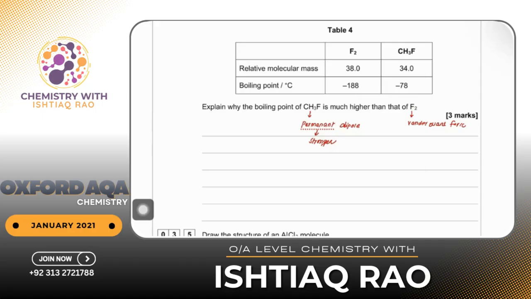So what is a permanent dipole? It's the force of attraction between polar molecules. And hydrogen bonding is between hydrogen and N, O, F, right? Yeah, exactly. So there is also carbon here.